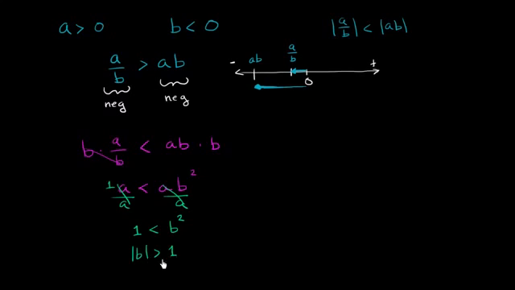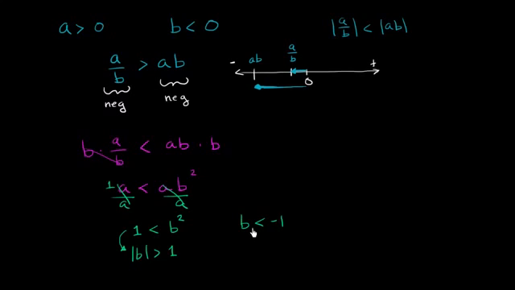And you say, wait, Sal, how did you get from that to that right over there? Well, just think about this a little bit. If I square something and it's greater than 1, that means that either b is less than -1, because if it was -1, if you squared it, you would get 1. If it was greater than -1, say negative 0.99, then when you square it, it would be something less than 1.